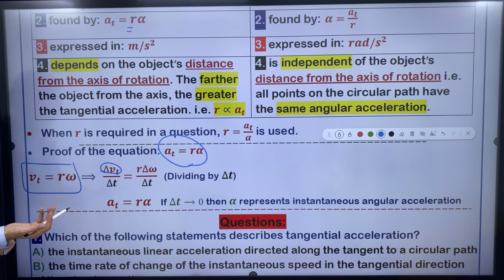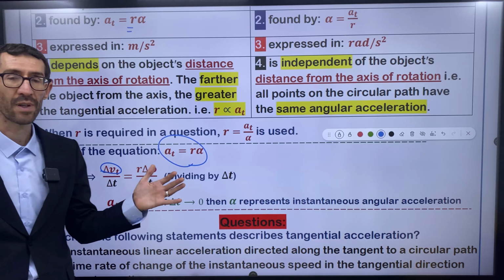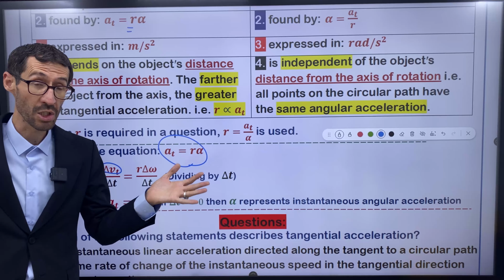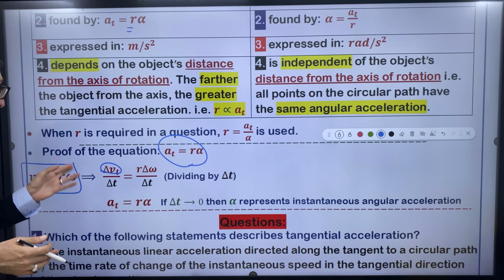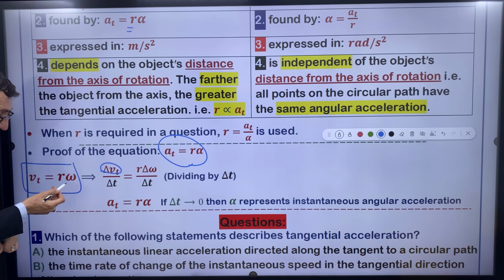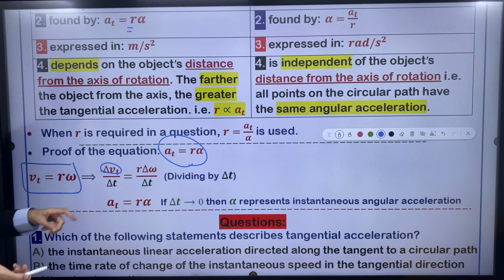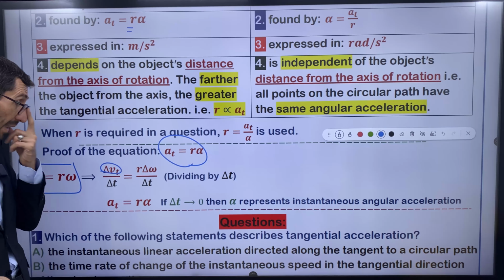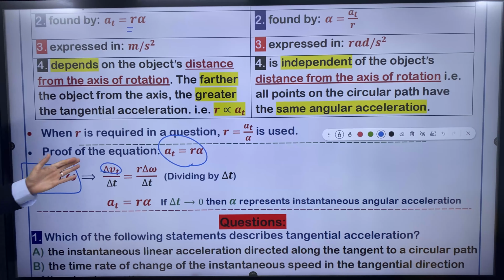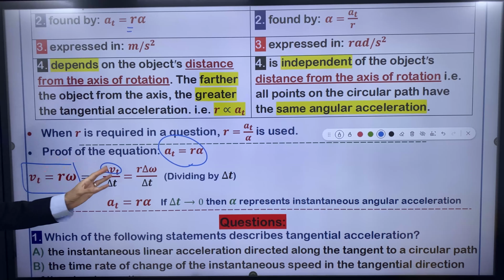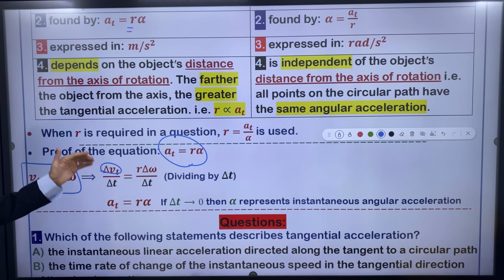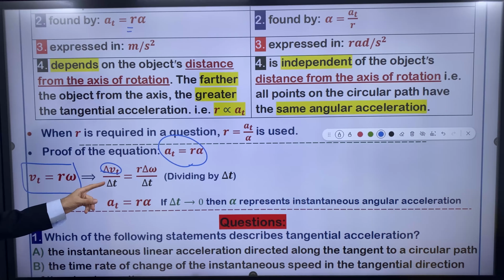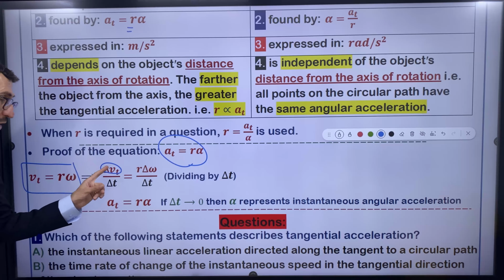R does not change. The radius of the merry-go-round is constant. The only thing that changes on the right side is omega, so omega becomes delta omega divided by delta t. The left part of the equation, delta VT divided by delta t, means the time rate of change of tangential speed, which means AT.